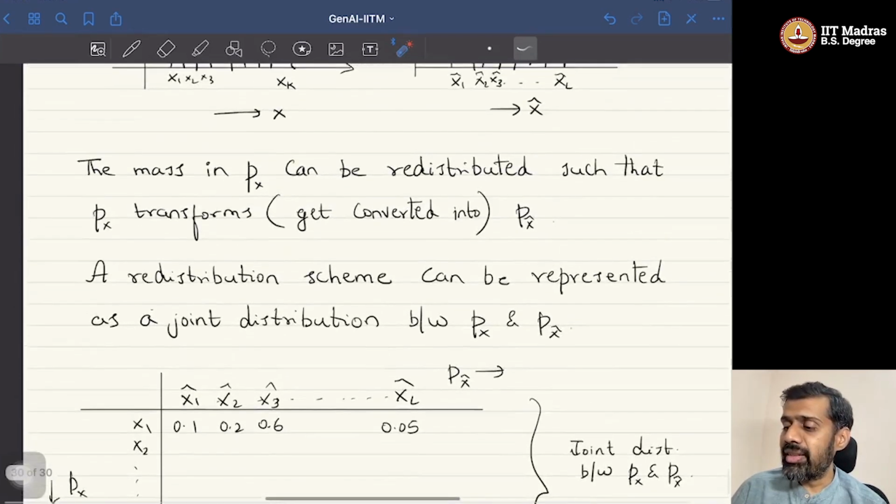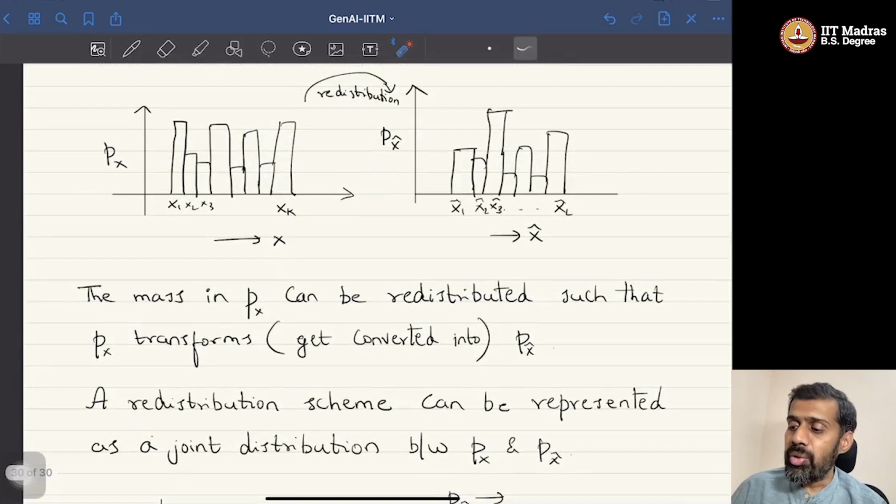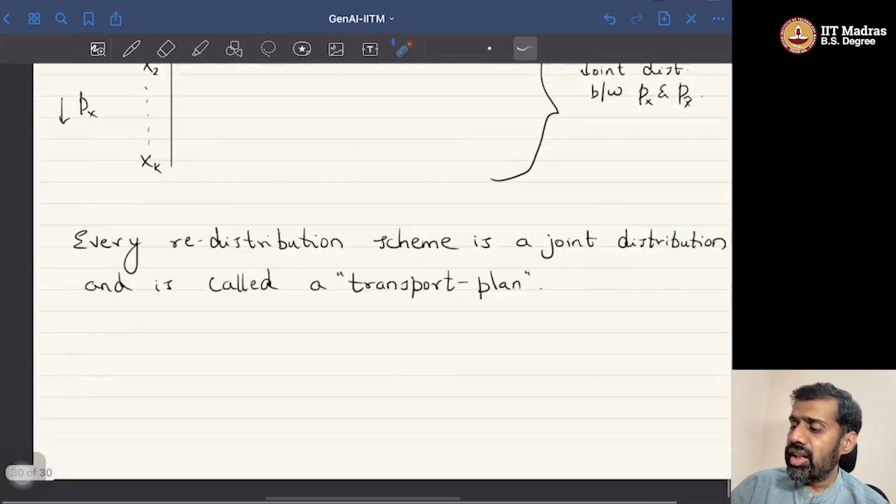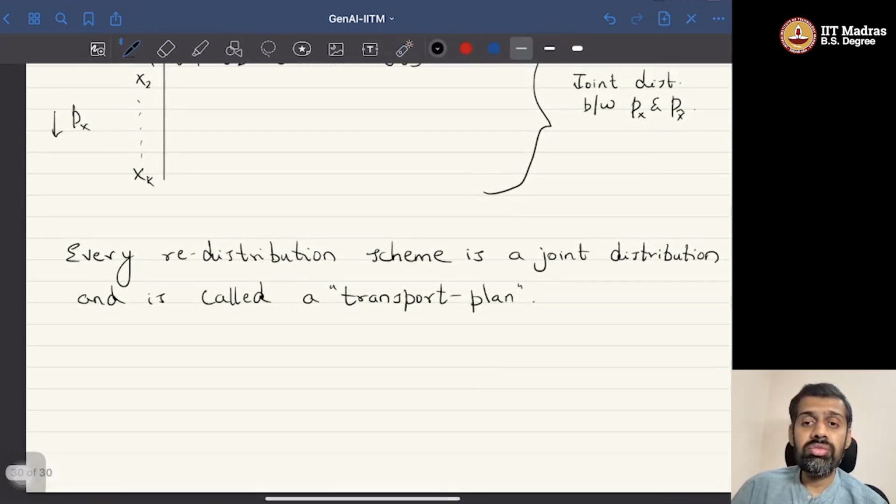While I am changing px to px cap, I am putting in some effort, because I am taking x1 and moving its mass across other places so that it starts looking like px cap, and I am doing it for all other values. So every redistribution or transport plan comes with its own cost. The next goal is to come up with a way to quantify how effortful a given transport plan is.